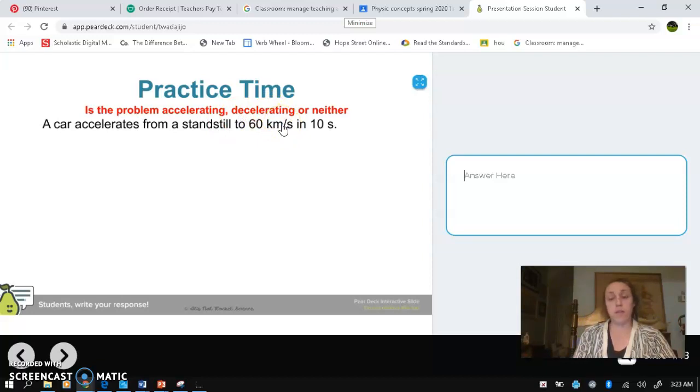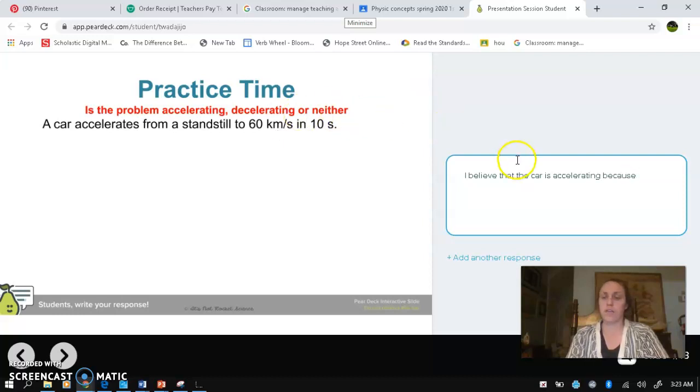I don't have to worry about the math right now. So I believe that the car is accelerating because, and if you can't spell accelerating, it's just right up there, the car was stopped.